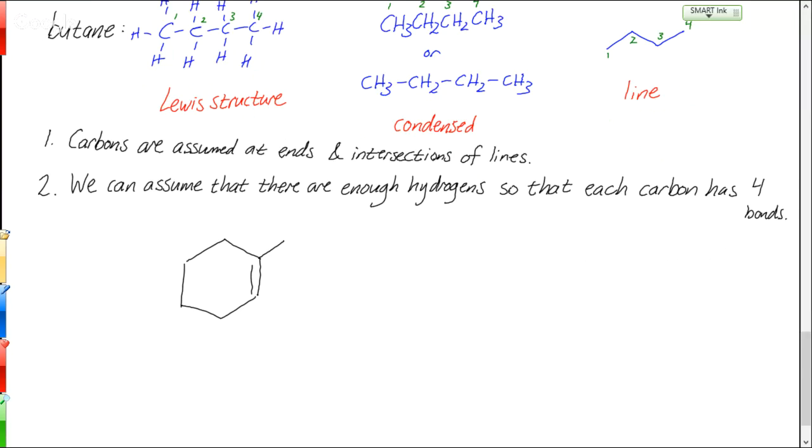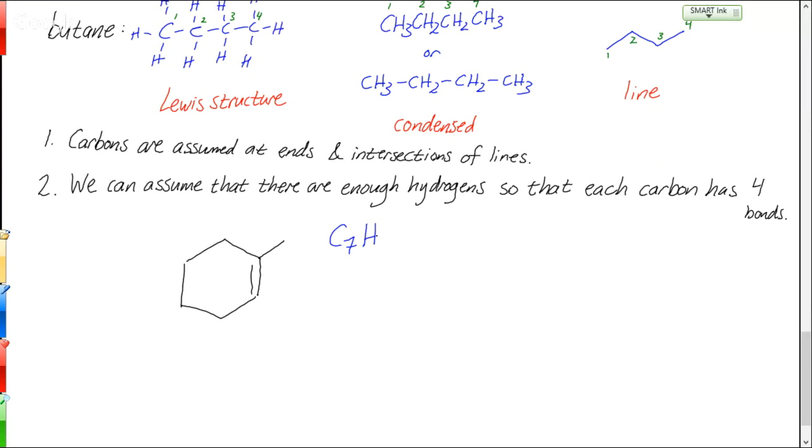So you got a hexagon which has 6 points, and then you got 1 more coming out there. So 1, 2, 3, 4, 5, 6, 7. Every time the lines come together or there's an end of a line, we count that as a carbon. We've got 7 carbons.